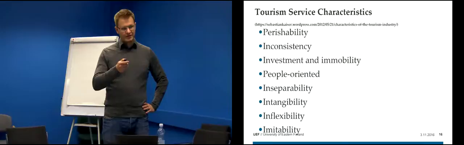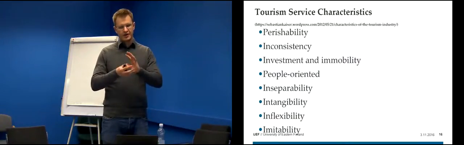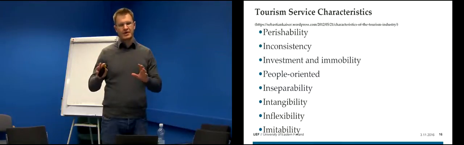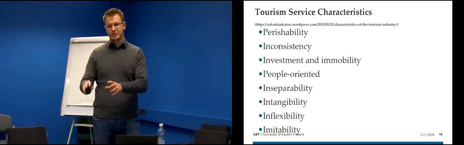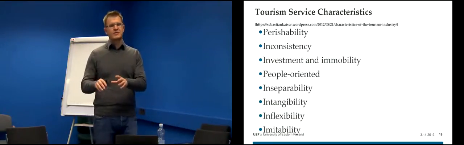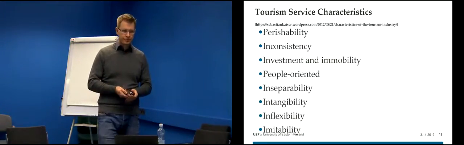Then, for example, intangibility means that it's a service. It's not something that you can touch. There are a lot of tangible elements in tourism service, but in the end, the service itself is intangible.